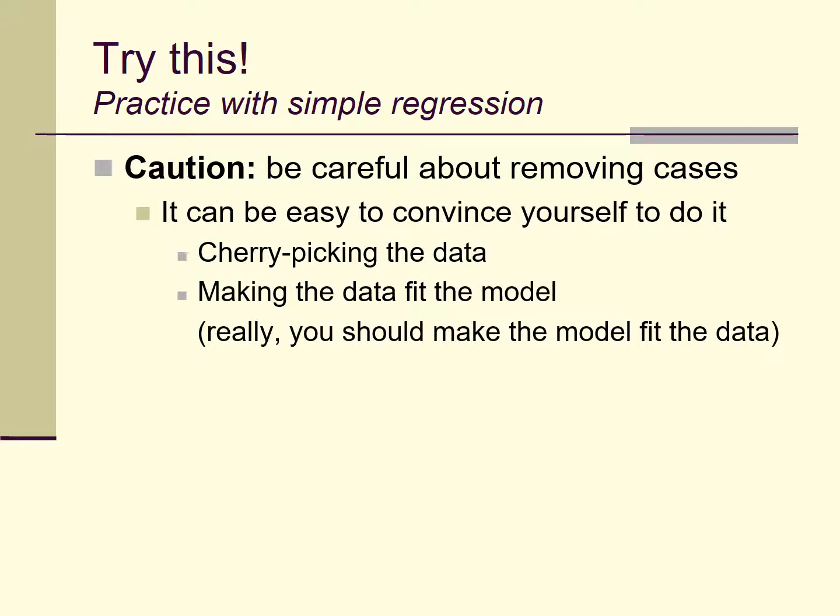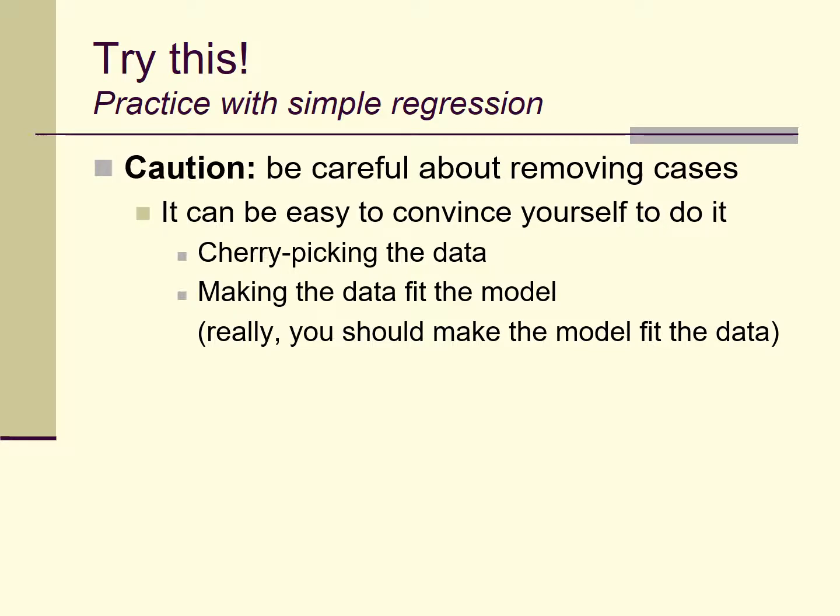It can be easy to convince yourself to do it. It can be easy to say, I'm pretty sure the day we ran that one case, wasn't that the day everyone in the lab was distracted, so maybe we made some mistakes when we set up the equipment? Or maybe that person isn't a typical student in our college population, maybe he really shouldn't be in the population, so we can remove him.